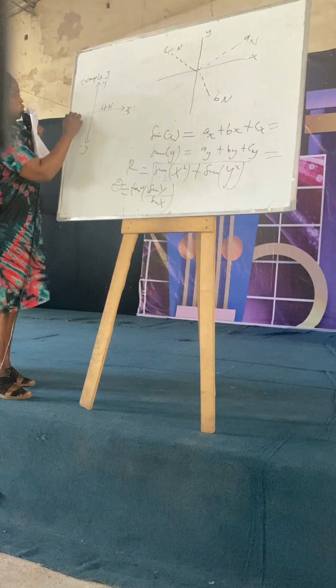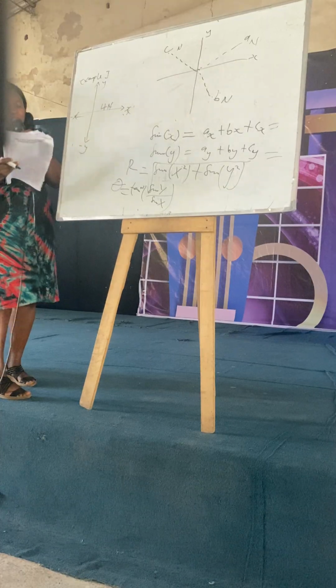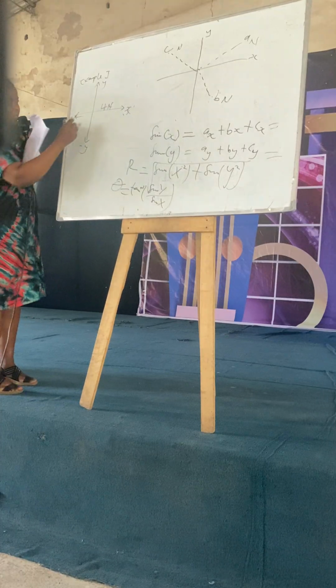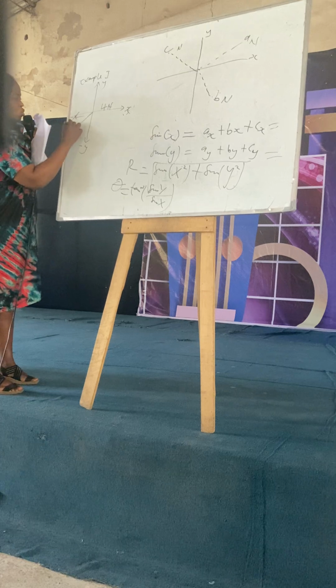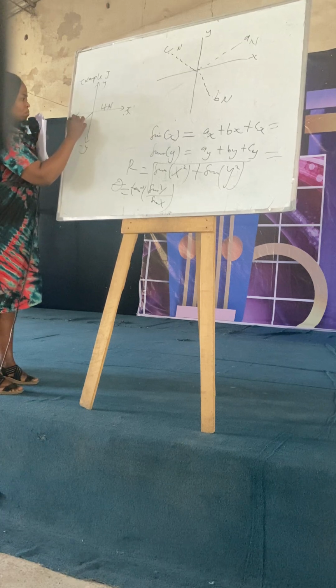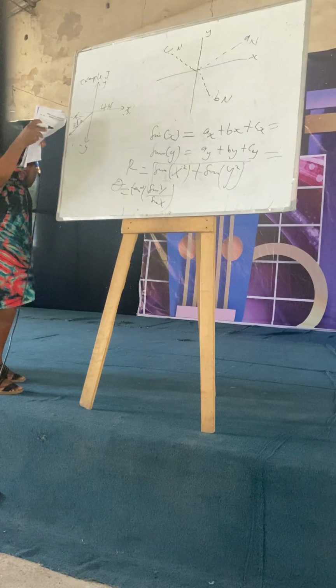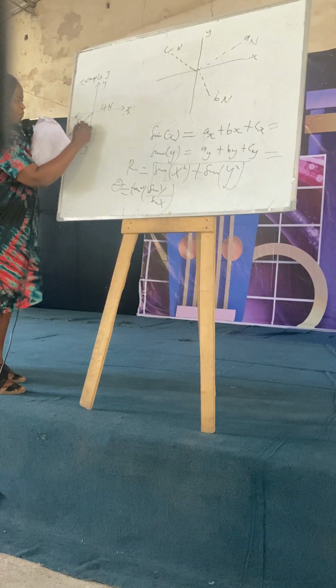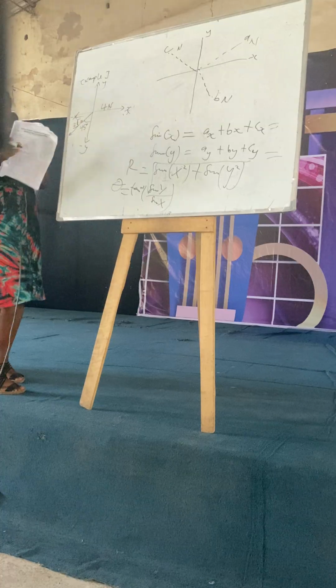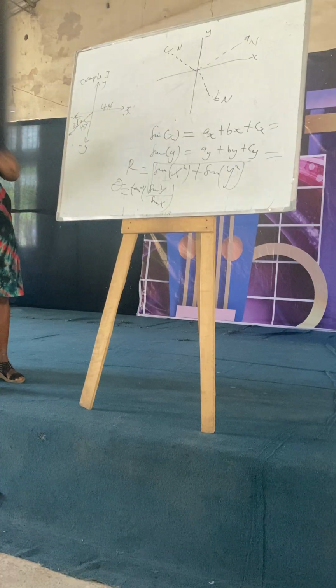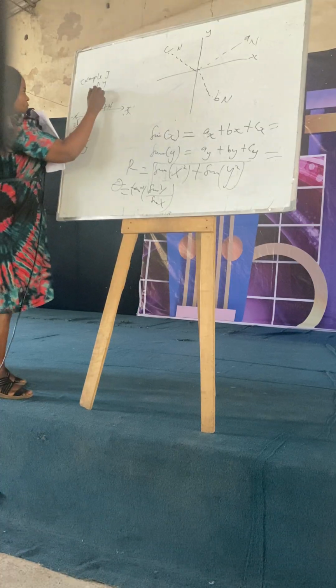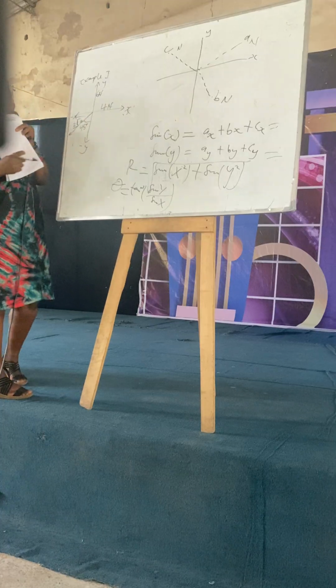Remember we use an arrow to denote our direction. The other one is 2 root 2, inclined at an angle of 45. Then we have another vector, 6 Newton, in the vertical direction.